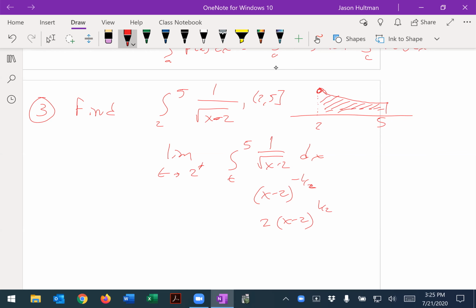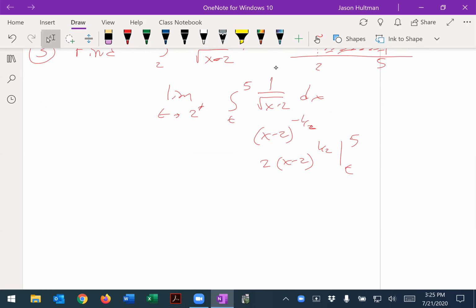So this is going to be evaluated from t to 5. Let's plug in our 5 real quick. So this is going to be 2 times 5 minus 2 to the 1/2 power, minus 2 times t minus 2 to the 1/2 power.